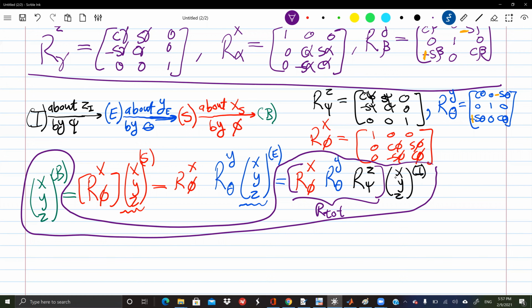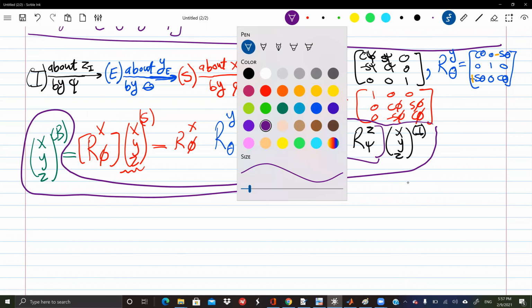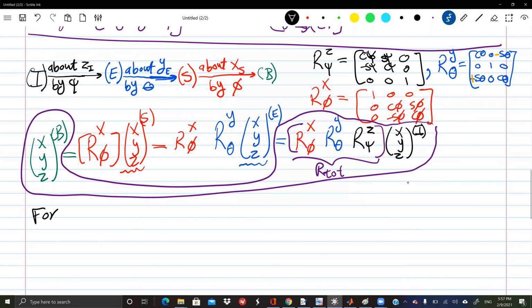So indeed, X, Y, Z in the body frame, any vector in the body frame, is equal to this total rotation matrix multiplying this same vector in the inertial frame. Any vector V, any vector can be velocity, acceleration, force, angular momentum, linear momentum, anything.